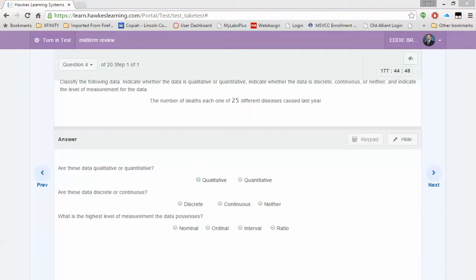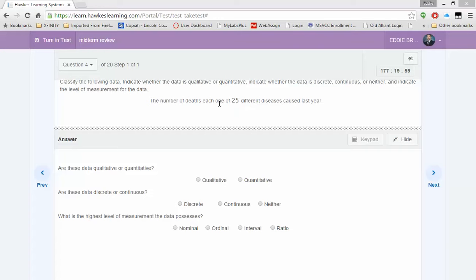Now question number 4. Classify the data, indicate whether the data is qualitative, quantitative, indicate whether the data is discrete, continuous, or neither, and indicate the level of measurement for the data. The number of deaths each one of 25 different diseases caused last year. Alright, so the number of deaths.